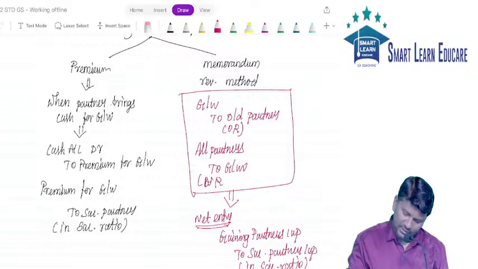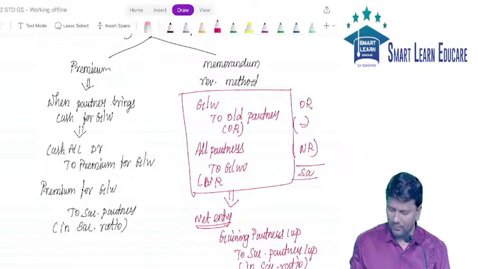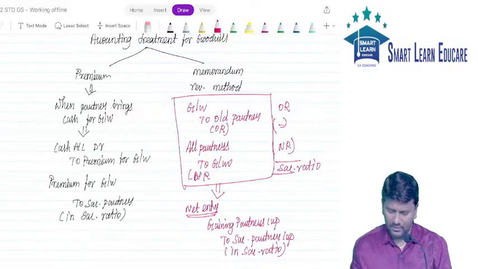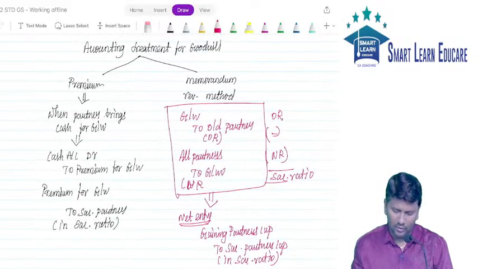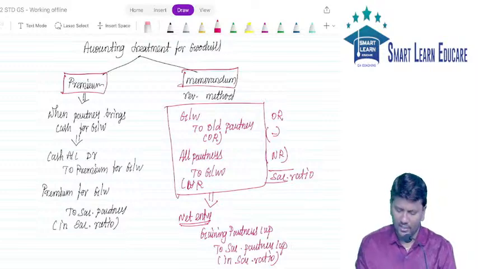Because the first entry we passed in the old ratio, the second entry we made in the new ratio. Old ratio minus new ratio, the net entry will be in the sacrificing ratio. So these are the methods we have for goodwill. The first method is premium, the second method is memorandum.